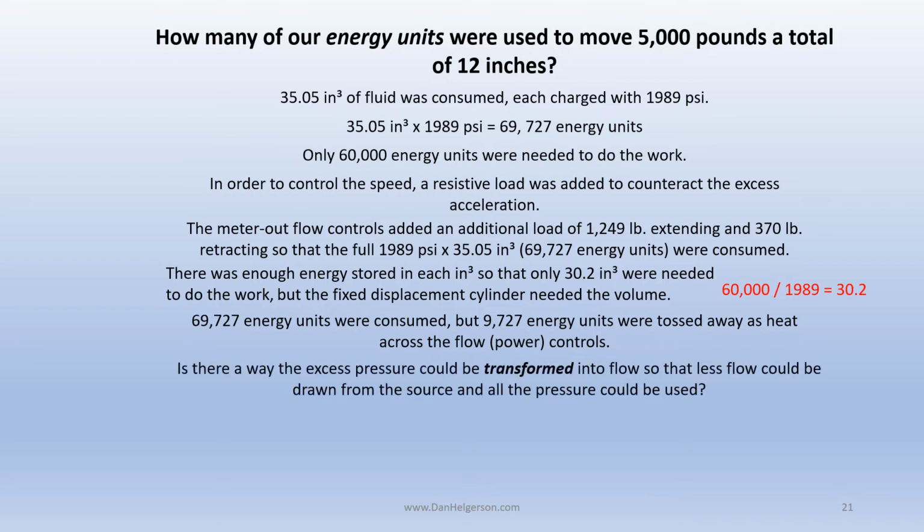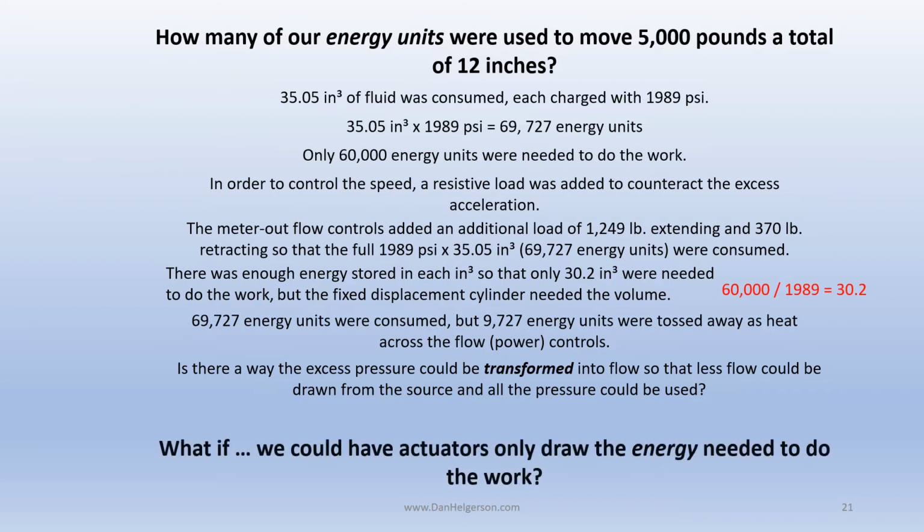Is there a way the excess pressure could be transformed into flow so that less flow could be drawn from the source and all the pressure could be used? What if we could have actuators that only draw the energy needed to do the work?